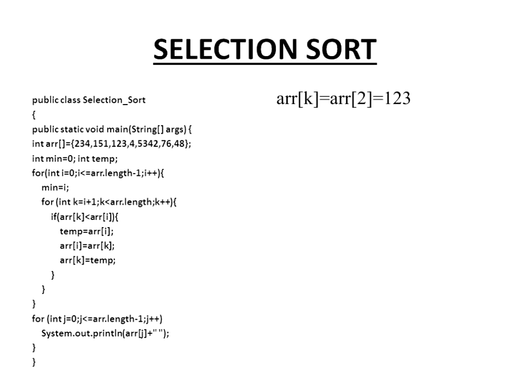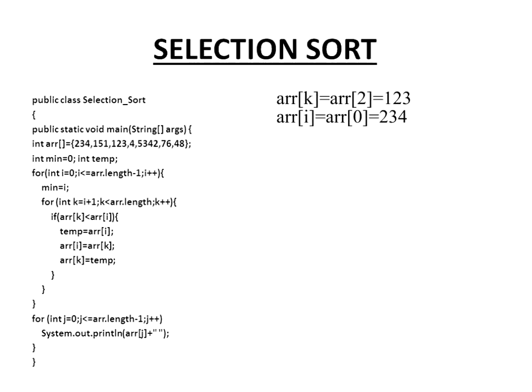And ARR[i] refers to ARR[0]. That means, yes, 234. So it will check whether ARR[k] is less than ARR[i] or not.